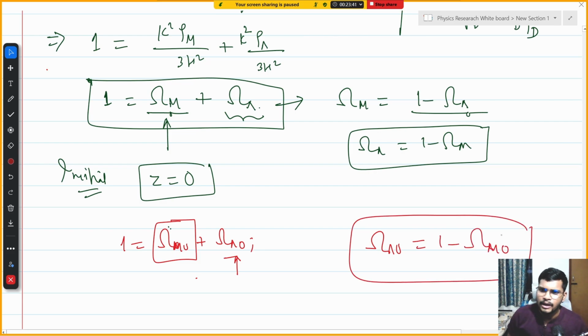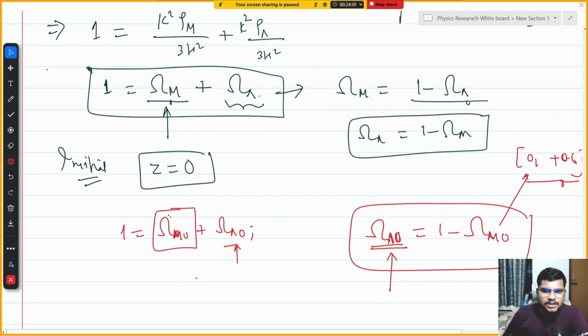So in my code, I will vary omega m0 from 0 to 0.6, not minus but plus, because we know from various results that the dark matter contribution is nearly about 0.3, right? And I will simply obtain the initial condition for omega lambda 0, as you understand how differential equations work.